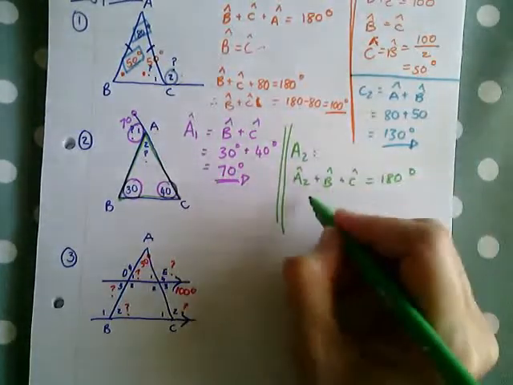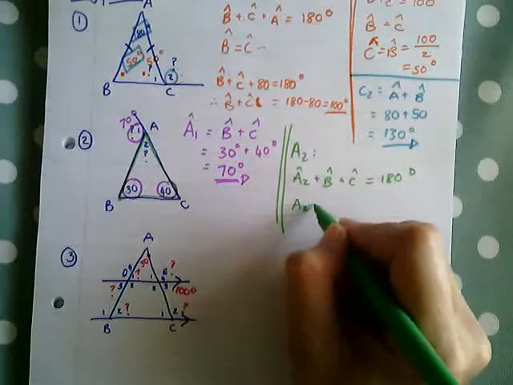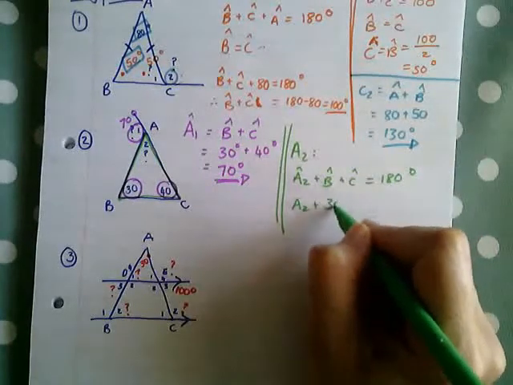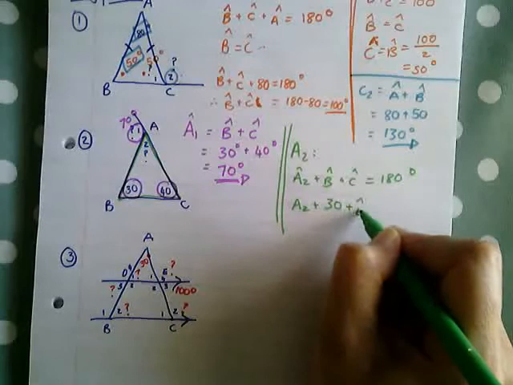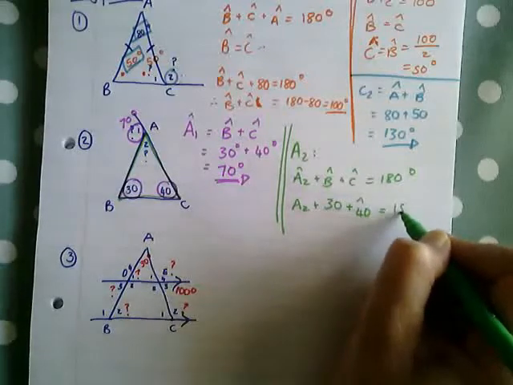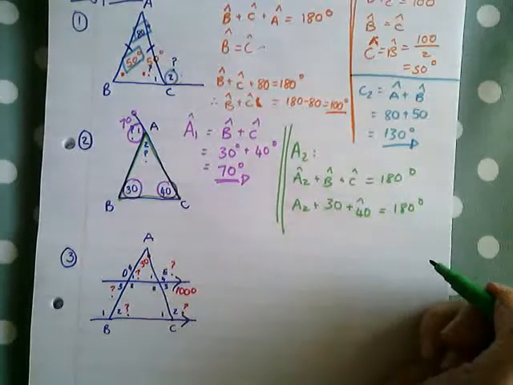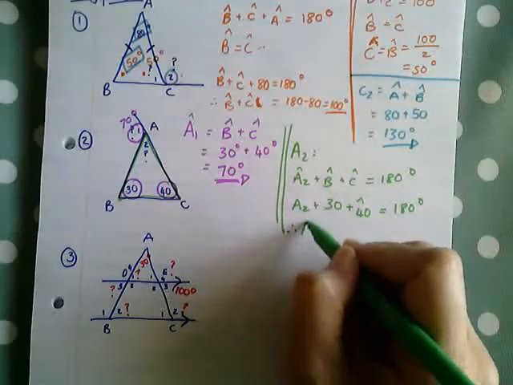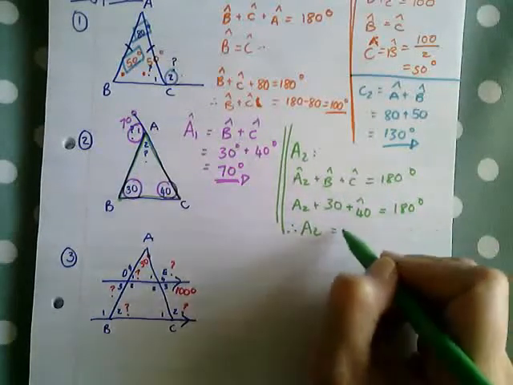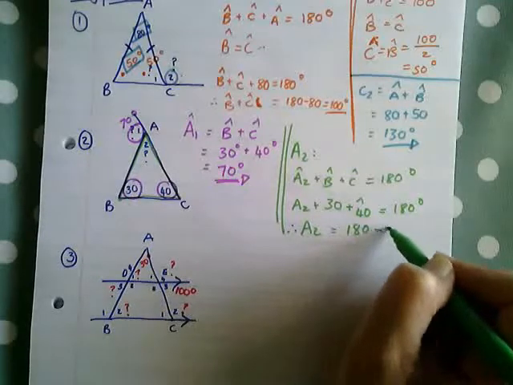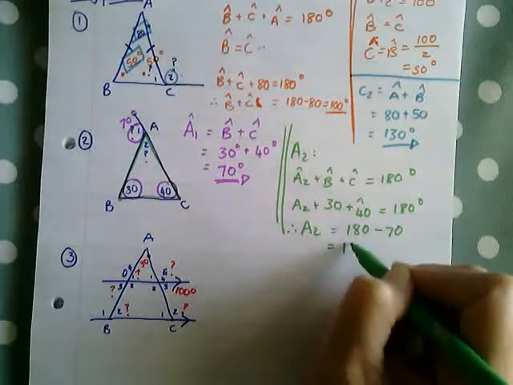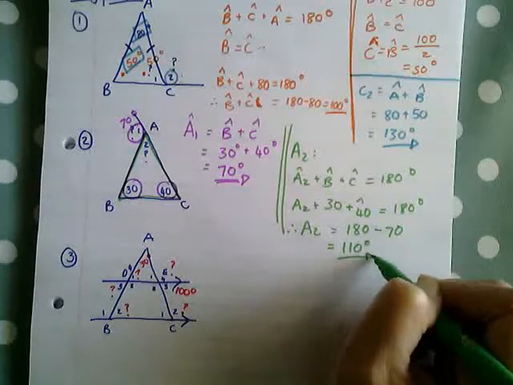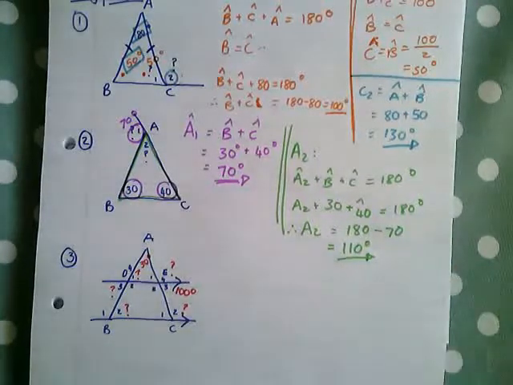Angle A2 we need to find. Angle B is 30, angle C is 40. So those two make 70, so A2 is then equal to 180 minus 70, so that's 110 degrees. Okay.